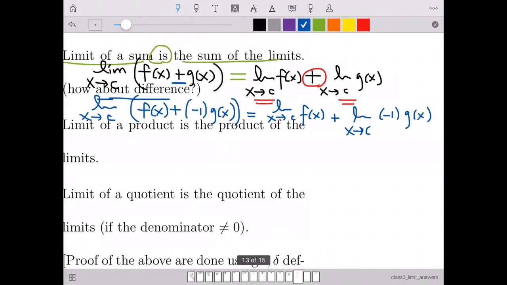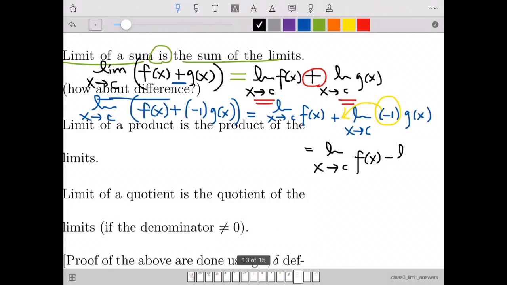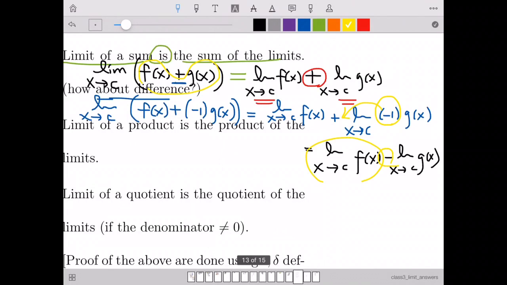The limit of the sum is the sum of the limits. And then this is constant, so it can be pulled outside. And it can be written as the limit as x approaches c of f of x minus the limit as x approaches c of g of x. Yep. So we can say the limit of a difference is the difference of the limits. So if we have f of x minus g of x, it is the limit of f minus the limit of g.